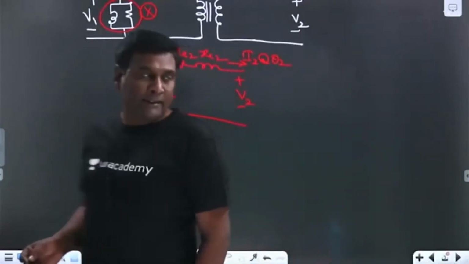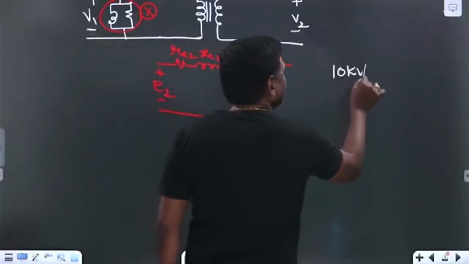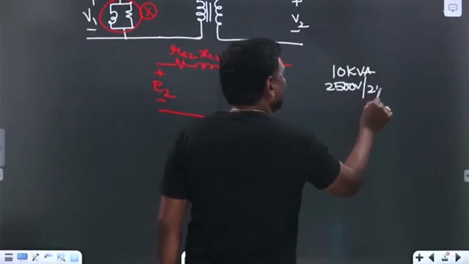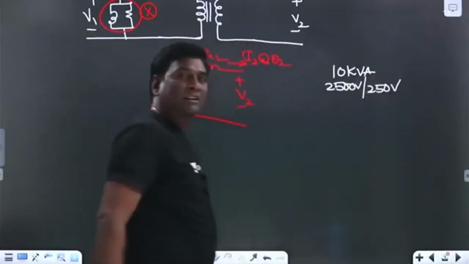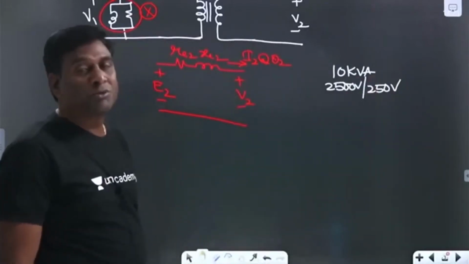For example, I need to give a small recap here. Now, if I say my favorite transformer, that is 10 kVA, 2500 volts divided by 250 volts. Is it power transformer or distribution transformer? It can be power or it can be distribution.